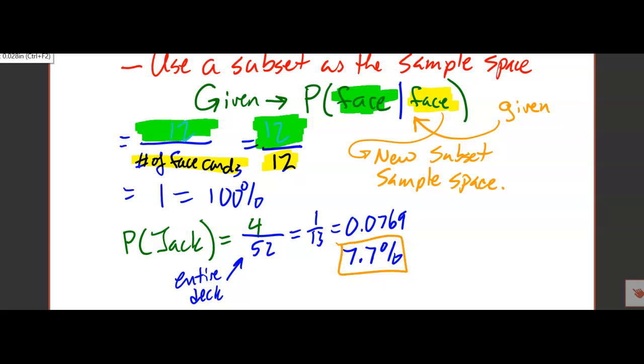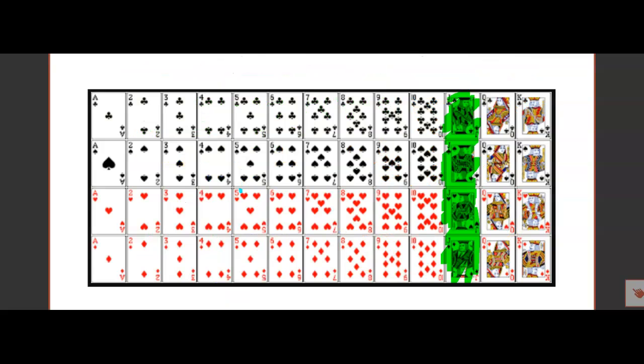All right, last probability on this set. Probability of a jack given a face. Now I'm telling you, given a face card, so I'm saying only the face cards. I've now subsetted my set, so you only have face cards. So my sample space is now 12. The jacks in that sample space is 4.